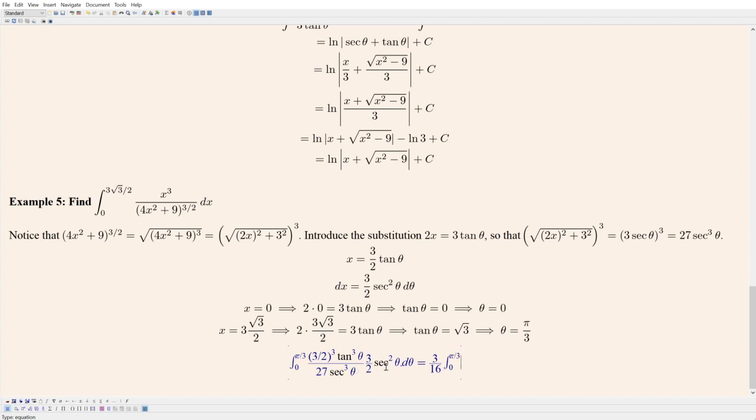And then 2 of these secants cancel. So we have tan cube on top and just a single secant on bottom, like so. Sorry, I'm just double checking. Yeah, we're good. Yeah, 3/16.